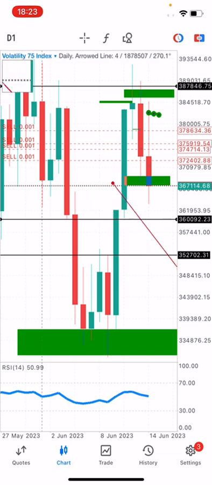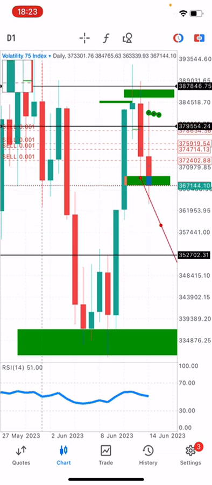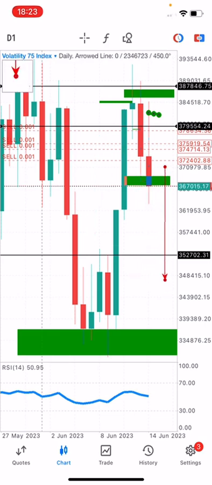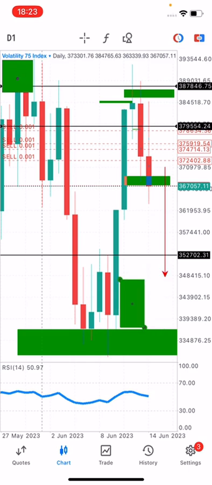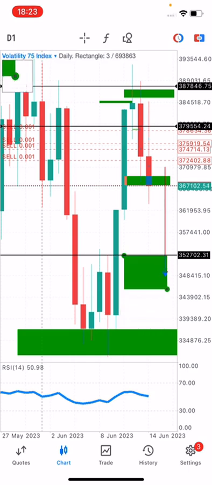So now let's put our arrow so that we just wait for the market to do what we have analyzed here. So put your liquidity to liquidity.